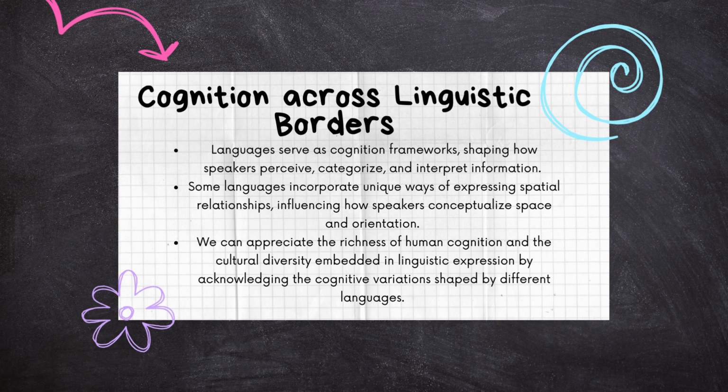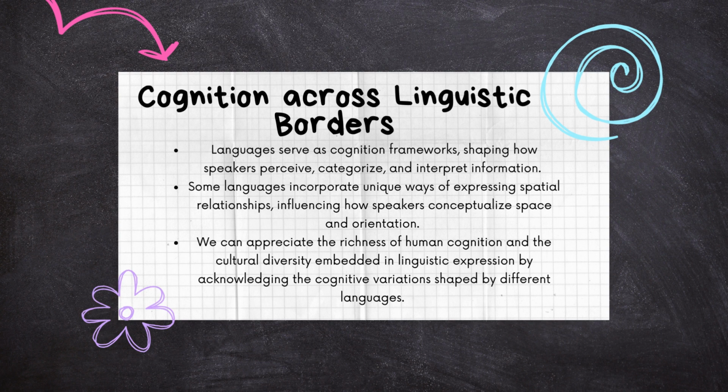Language doesn't just shape our words, it influences how we think. Together, we'll delve into examples of how spatial references impact spatial cognition and contribute to the rich tapestry of cognitive diversity. Language serves as a cognitive framework, shaping how speakers perceive, categorize, and interpret information.